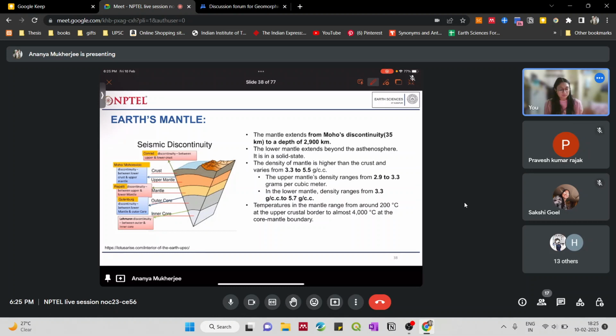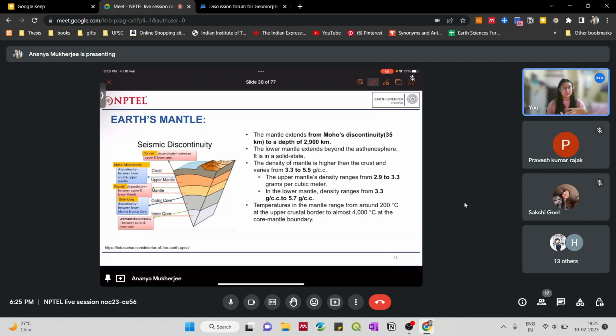So the earth's mantle comprises most of the earth's interior, most of the volume.